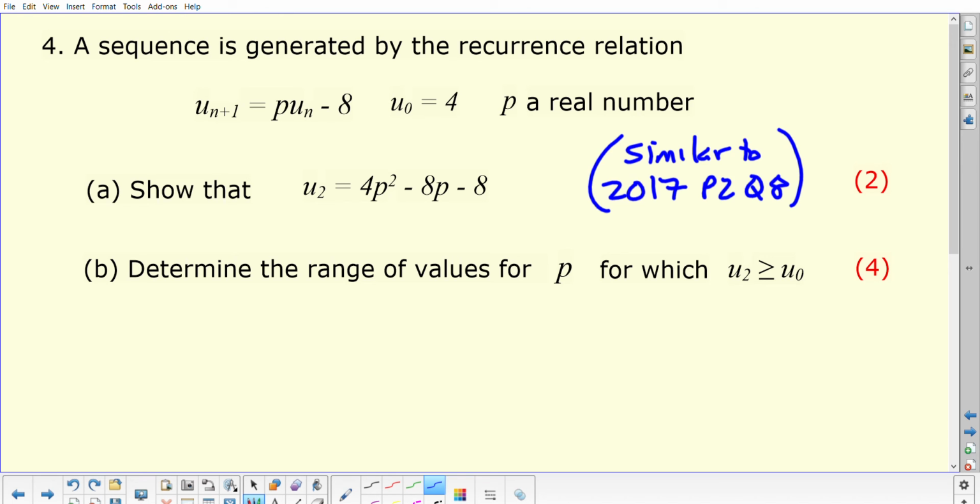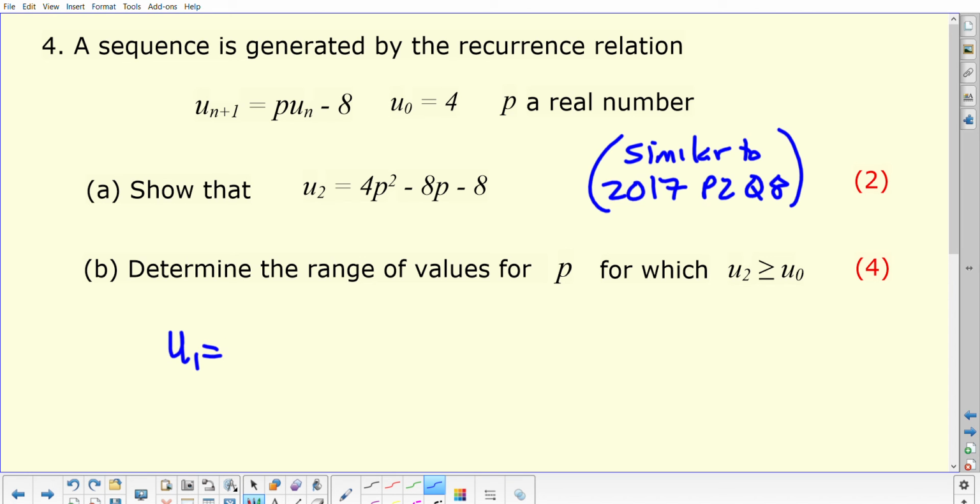So you've been given a recurrence relation, and you're asked to show that you could write down algebraically this expression for the second term in that sequence. So remember, recurrence relations are about using the previous term to get the next term. So in order for us to get to u2, we need to have first of all worked out an expression for u1.